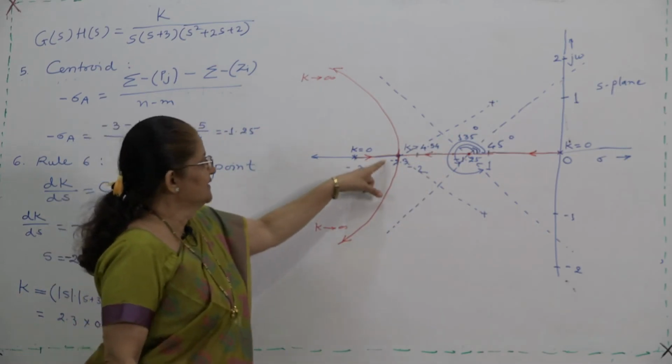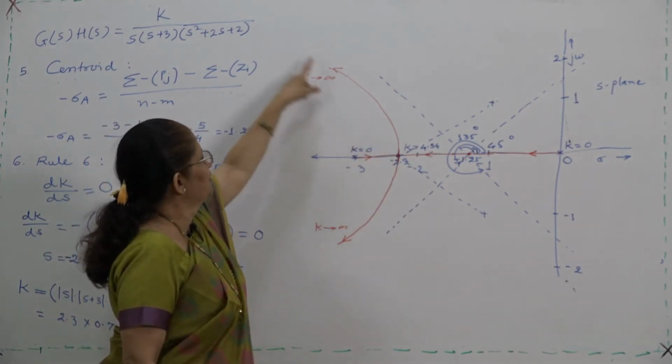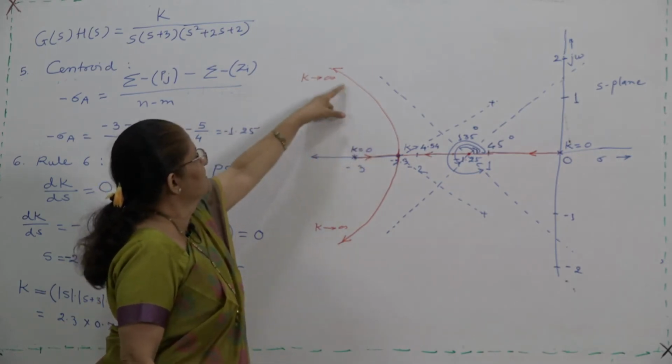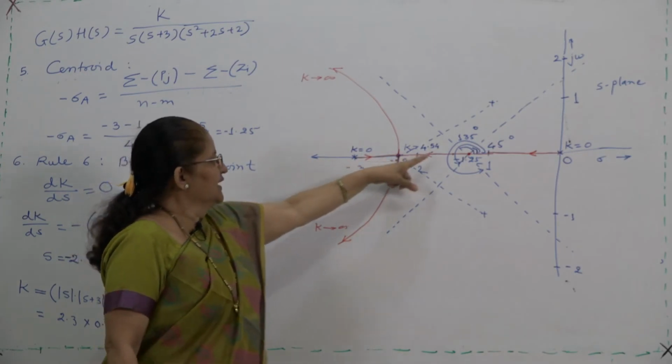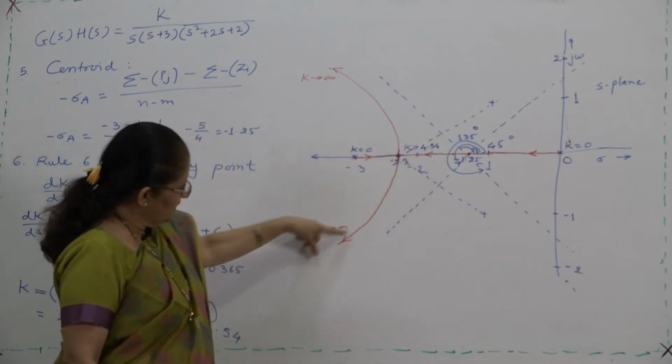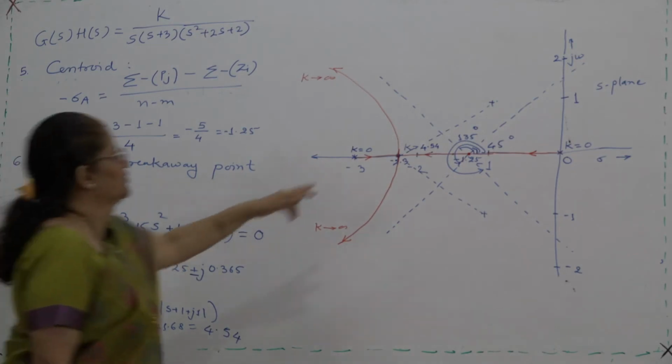Find out the product of all this, it is 4.54. What does it mean? When k is 0, this branch will start from here, and at this point, minus 2.3, the value of k is 4.54.